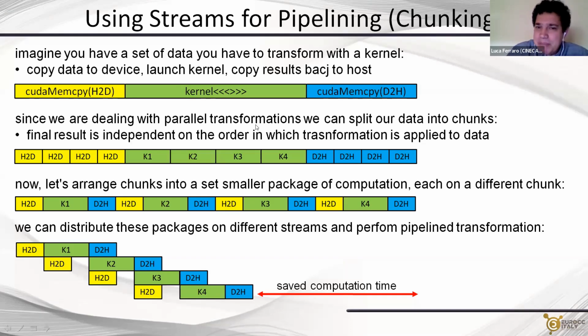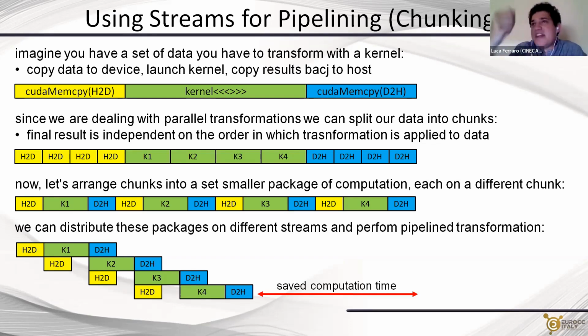So since we are dealing with parallel transformation, we can think that these operations can be split in chunks. For example, all this data can be split in 4 chunks, and I can move these chunks from the host to the device in 4 different CUDA memcopy operations. Then I can launch 4 different instances of my kernel, one on the first chunk, one on the second chunk, one on the third chunk, one on the fourth chunk.